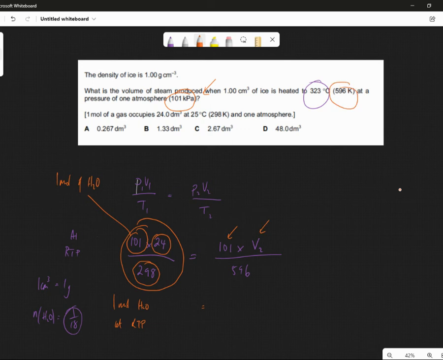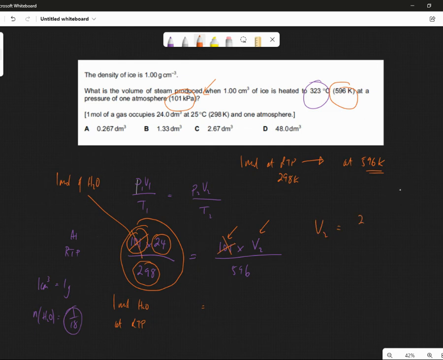Okay, so I'm going to take 1 mole of water at RTP, which is 298K, and I'm going to see what the volume of 1 mole of water is at 596K. So these 101s are going to cancel out.